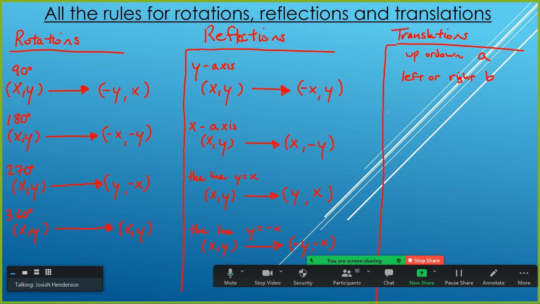So for all our original xy's, and we're doing a translation, we simply apply the a and the b to their left or right as needed. So for left and right, I'm calling that b. So if we're told to move left b units or negative units, or right units, we're going to add that to the x. And for y's, the up or down number, we simply add or subtract that number to the y.